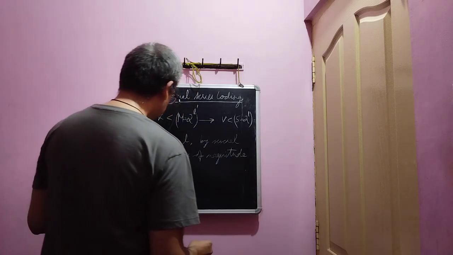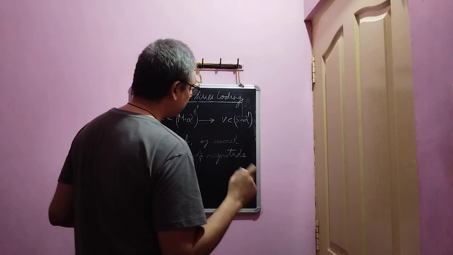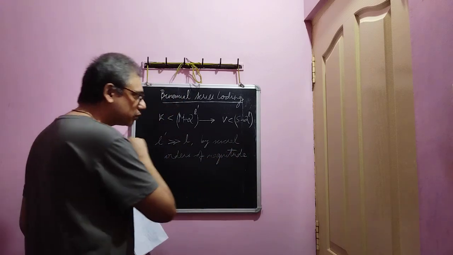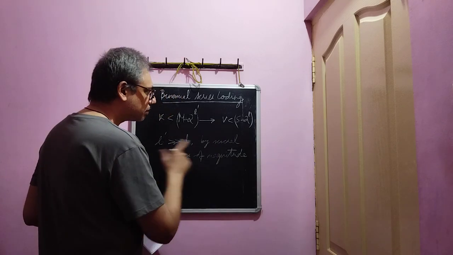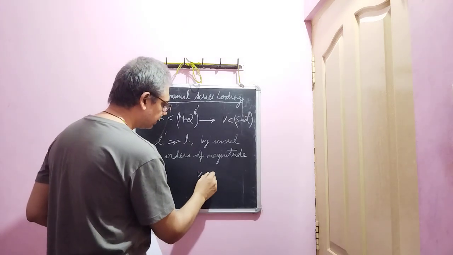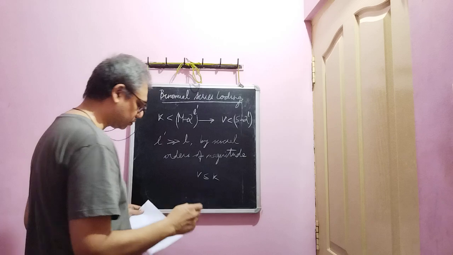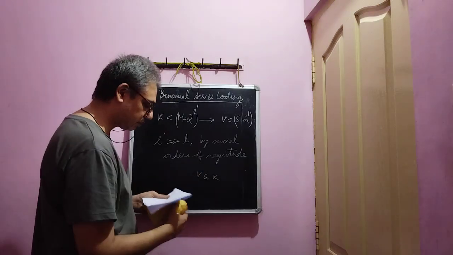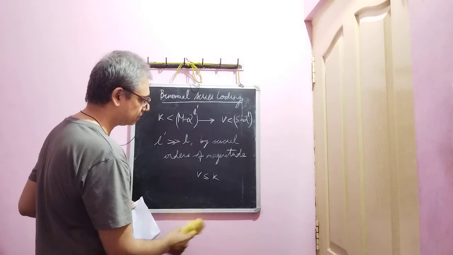So here k will be coded as the largest value v for which the sum to v terms of that binomial series adds up to a value less than or equal to k, where v is a value which is less than s.